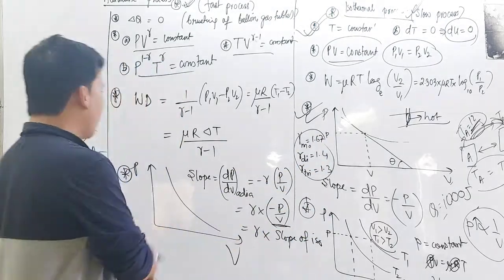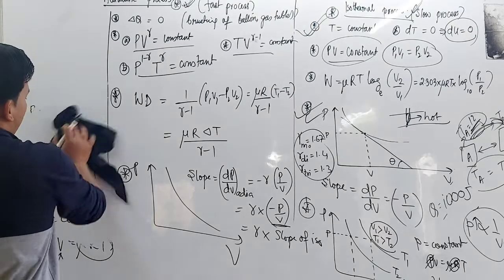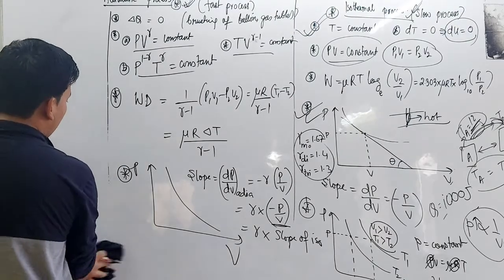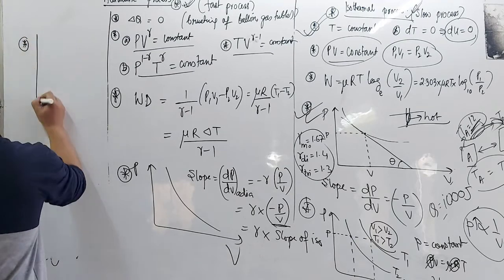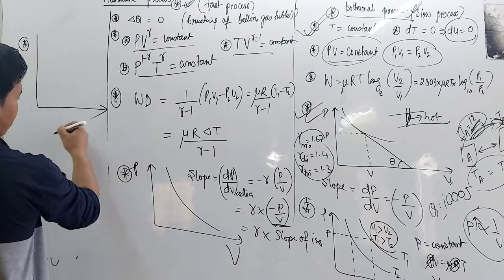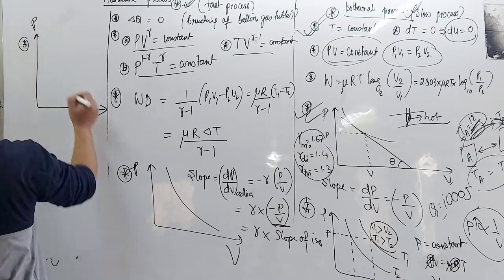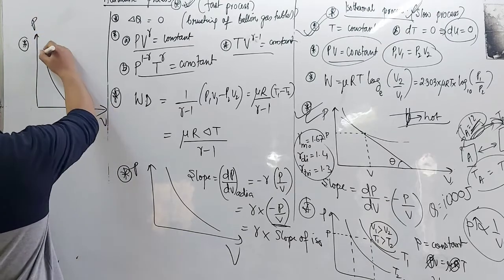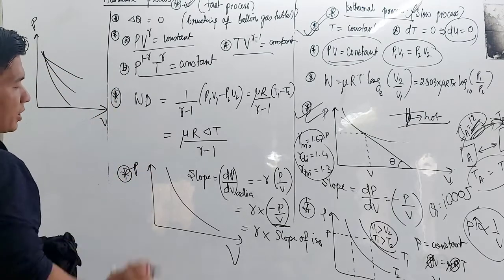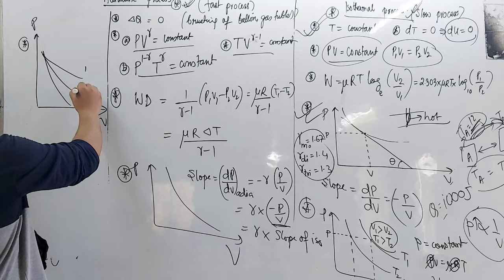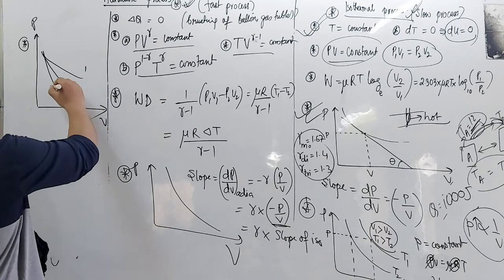Now the last point we discuss. We have three different adiabatic processes, process number 1, 2 and 3.